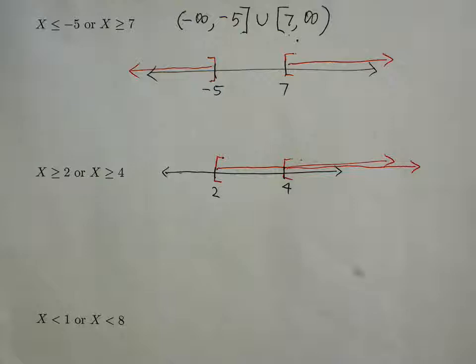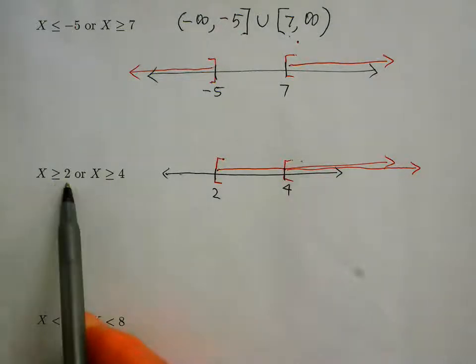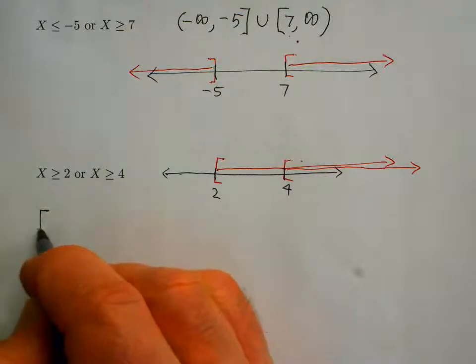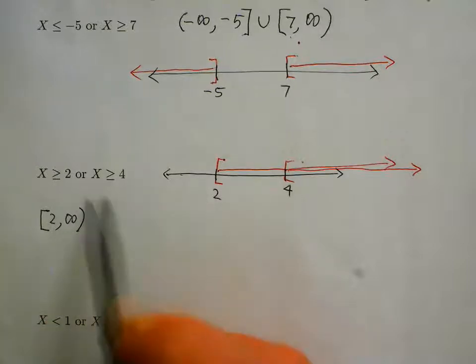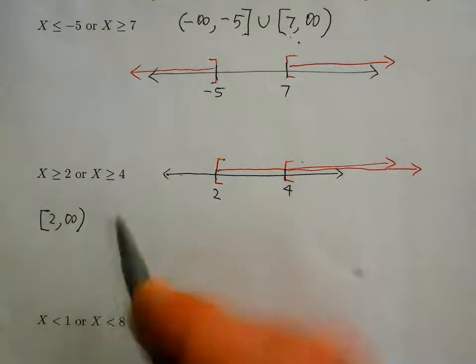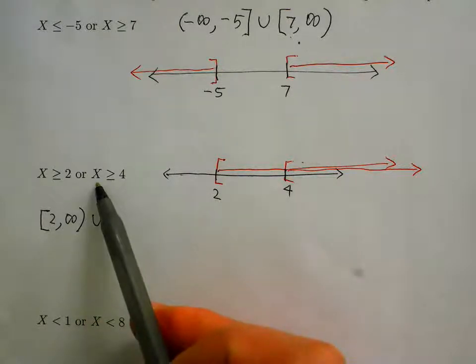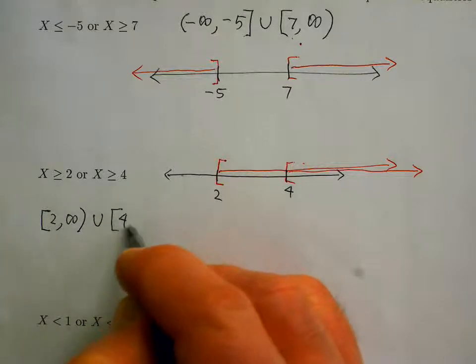We can write the interval notation, x greater than or equal to 2 in interval notation. This is bracket 2 comma infinity. The word or is used, so we use the union symbol. And then x greater than or equal to 4, we have a bracket 4 comma infinity.